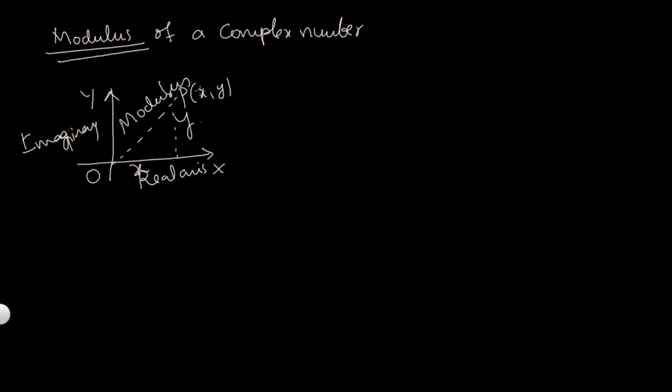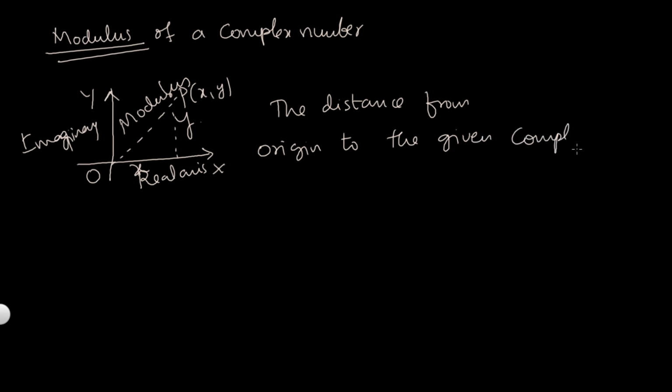Modulus means the distance from the origin to the given complex number. So the distance between the origin O and the point P of x comma y is called the modulus of a complex number.